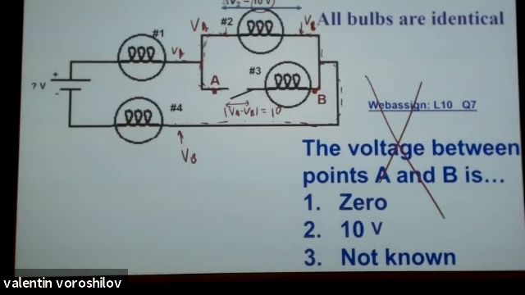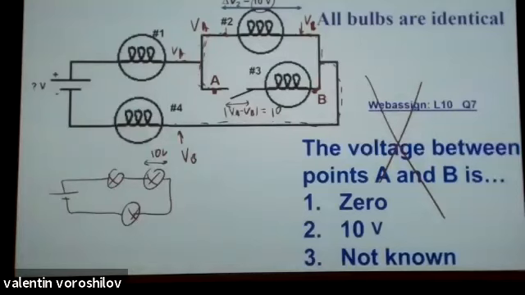And in this situation, the bulb number 3 does not matter. So we can redraw the circuit having only the bulbs that matter. And we know that the voltage across the bulb number 2 equals 10 volts. And we know these bulbs are all identical.